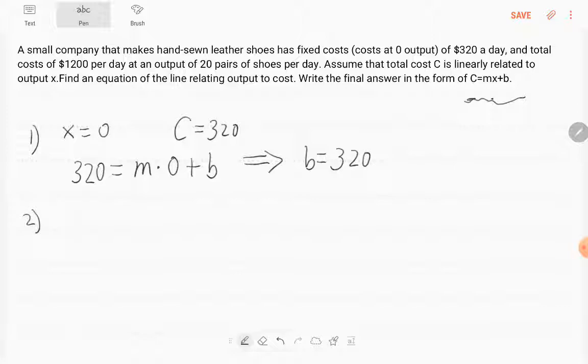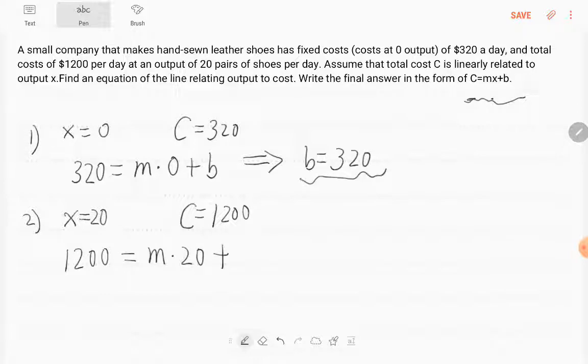We notice that the second condition tells you that when X equals 20, the output is 20 pairs of shoes, then the total cost would be 1,200. We plug this into the equation, then you have 1,200 equals M times 20 plus B, and B equals 320.